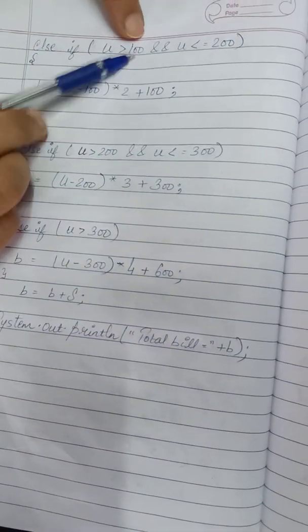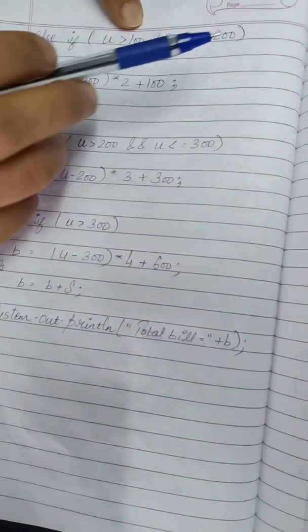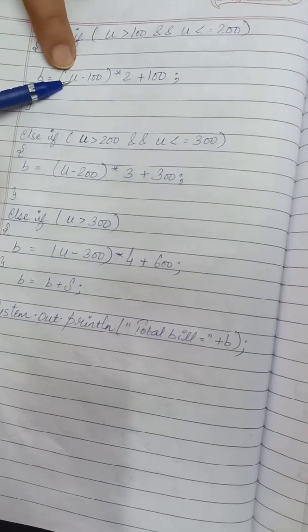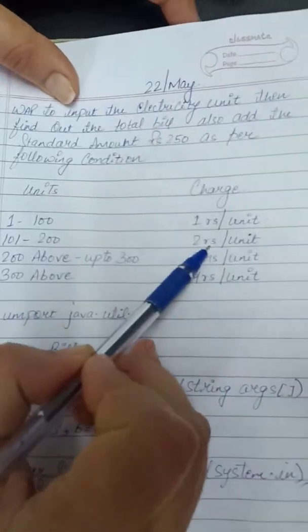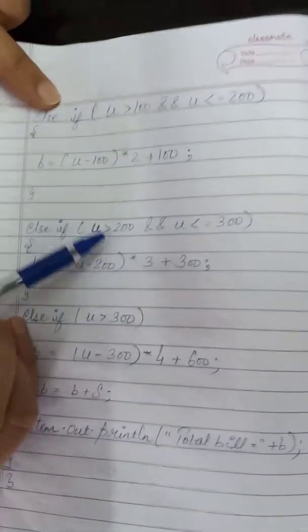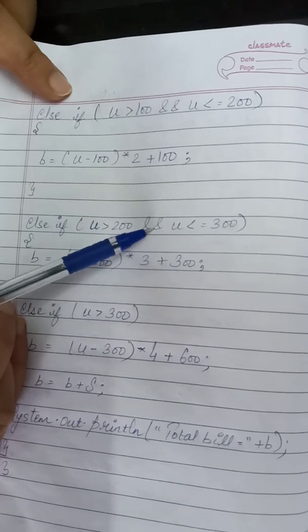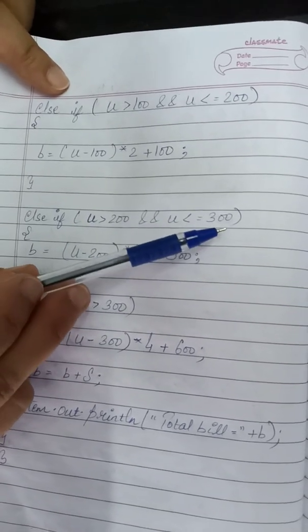And for the next, 100 to 200, the units are also 100. That's why we are subtracting u minus 100 and multiplying by 2, because the per unit charge is rupees 2, as you can see here. Now I have added this. Now else if u is greater than 200 and u less than or equal to 300.